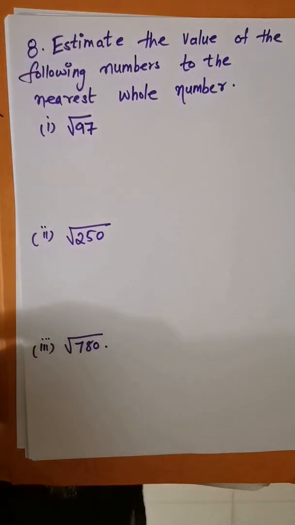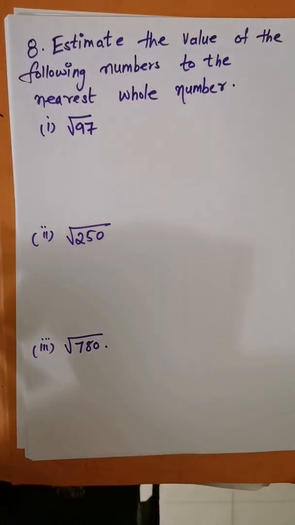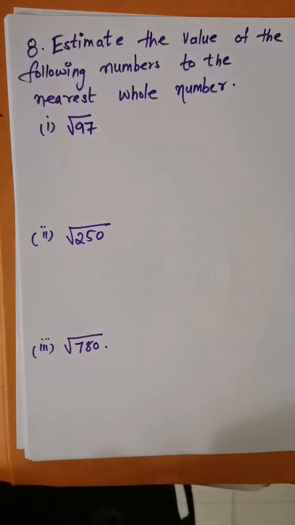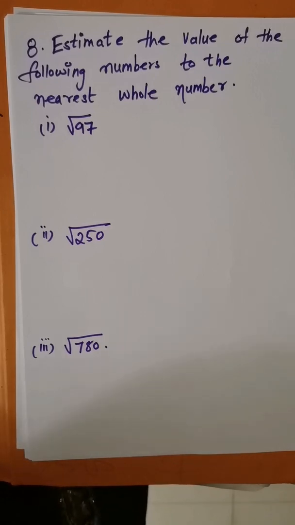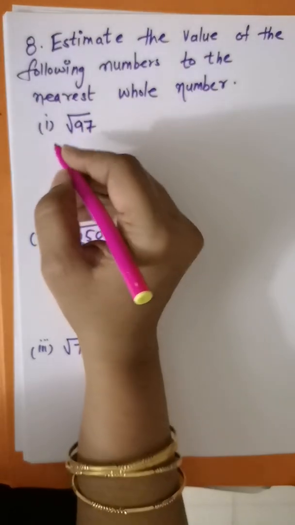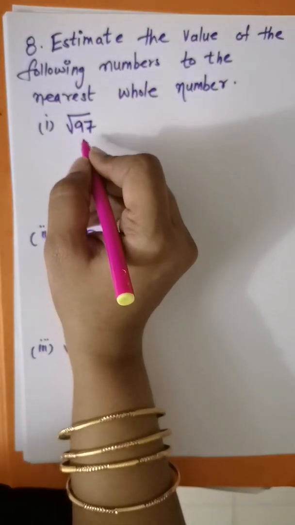Next, estimate the value of the following number to the nearest whole number. Now, root of 97. What are the near perfect squares?